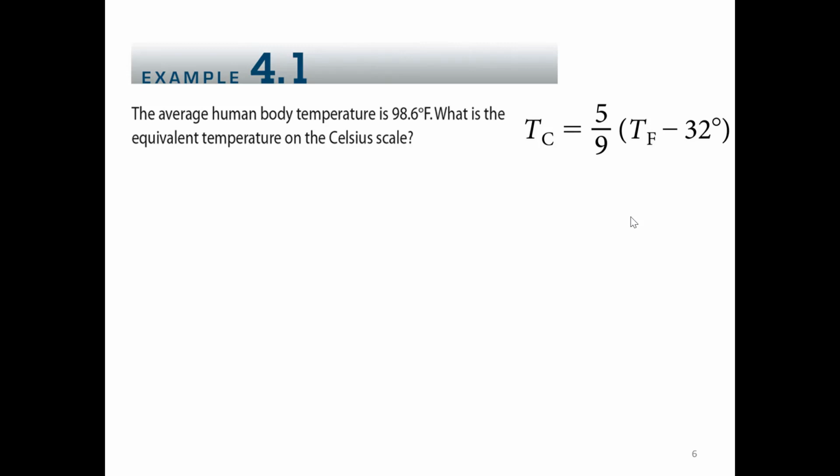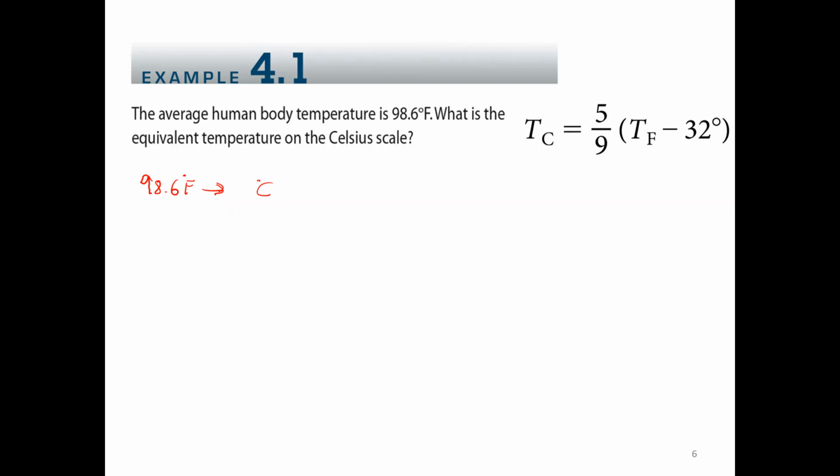In this case, we have the average human body temperature, which is 98.6 Fahrenheit, and we want to convert this into Celsius.